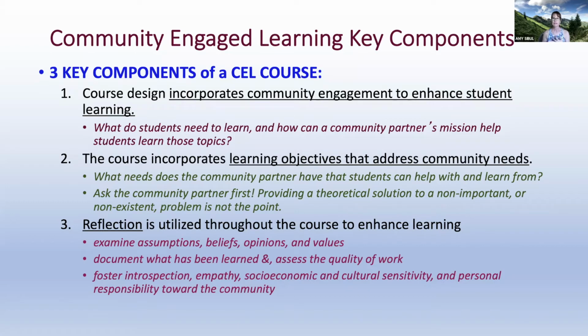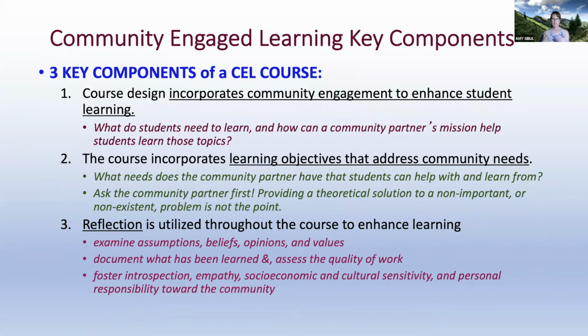And then finally, reflection is the third component of community engaged learning. It might sound kind of fuzzy or soft to say that this is a robust part of your academic learning, but it's really important that we all take a step back once in a while and think about what our assumptions, our beliefs, opinions, and values are about either a particular topic or field or even a population we might be working with.